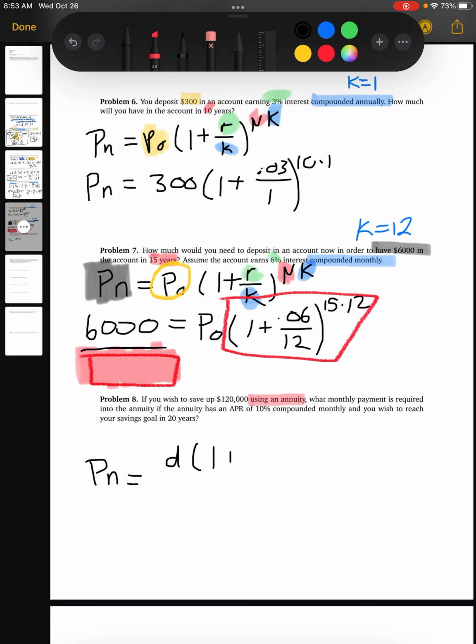I'm going to go to our Lumen class page and make sure I use the same annuity formula you guys use, because there's a couple on the web.